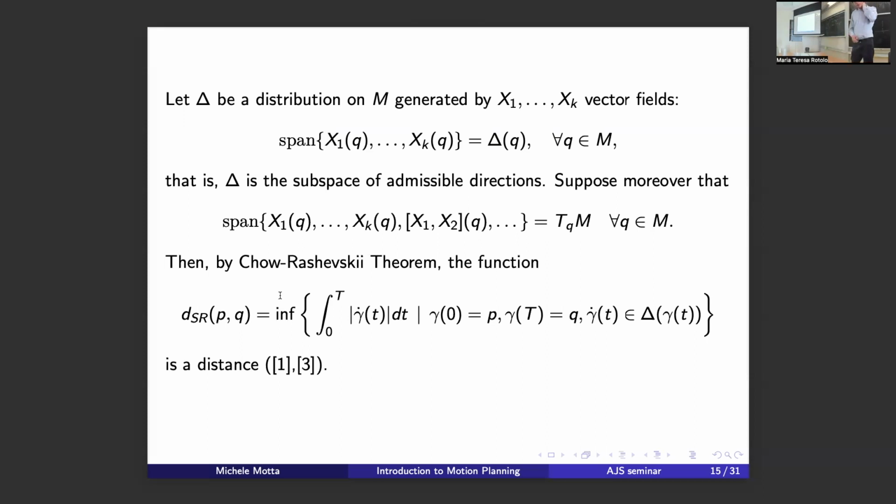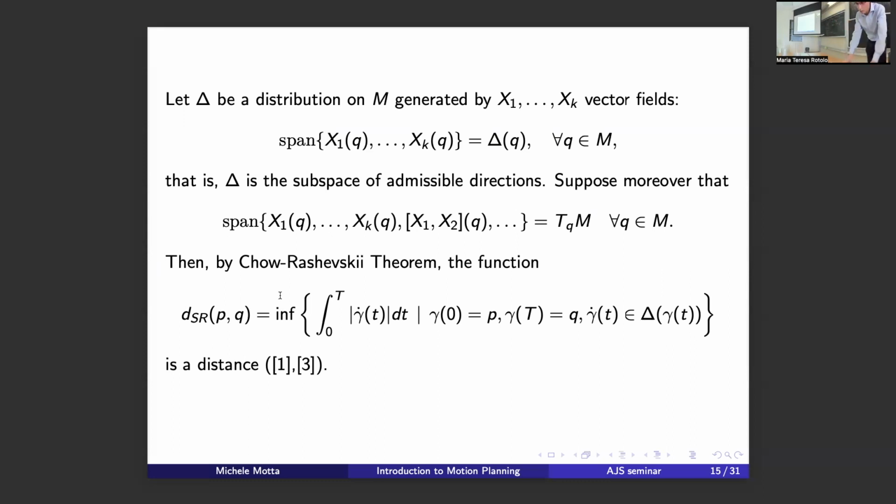Another consequence of Chow-Rashevsky theorem is that you can not only move from any point to any other one, but also the metric induced by the minimum length of these admissible paths is indeed a distance on the manifold. This distance also induces the topology of the manifold.